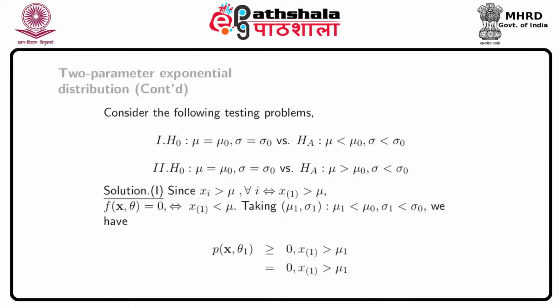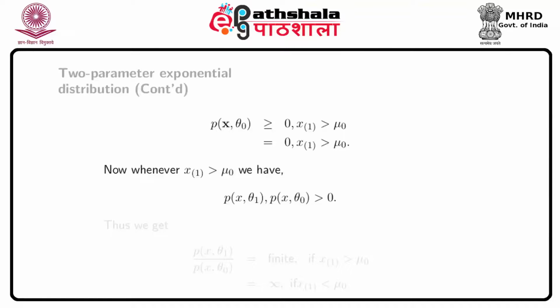Taking mu1, sigma1 such that mu1 is less than mu naught and sigma1 is less than sigma naught, we have p(x, theta1) greater than 0 whenever x order statistic 1 is greater than mu1 and 0 whenever it is less than mu1, and p(x, theta naught) greater than 0 whenever x(1) is greater than mu naught and 0 whenever it is less than mu naught.